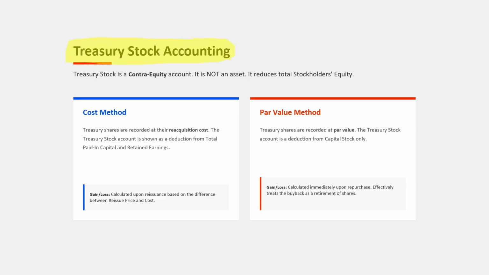It's a little confusing and they like to test it. A lot of students think that treasury stock goes to an asset, and the logic is very simple. You say, okay, the company paid its own money and purchased a stock. So normally when you purchase a stock, it goes to the asset section. But in this case, it is the company's own stock.